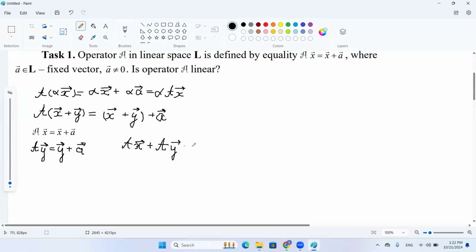It will be equal to x plus a plus y plus a, and then, of course, we simplify it: x plus y plus 2a.